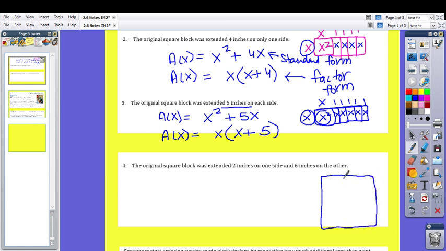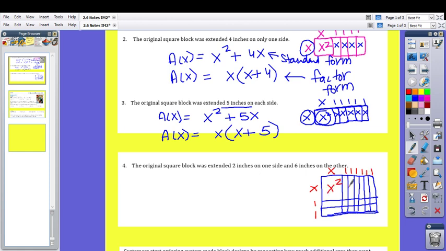So 1, 2, 3, 4, 5, 6, and on the other side you have 1 and 2. Let's clean up the bottom one. So 2 on the bottom side, okay. So then it is x. So 2 inches on one side and 6 inches on the other side.